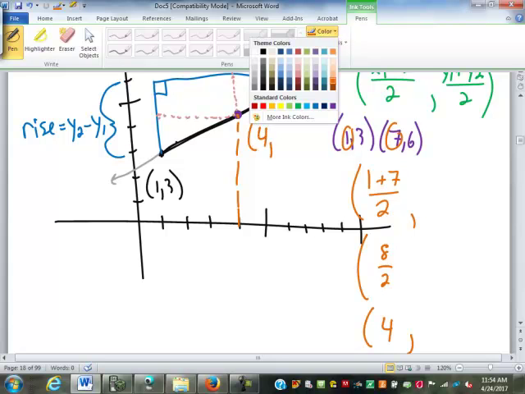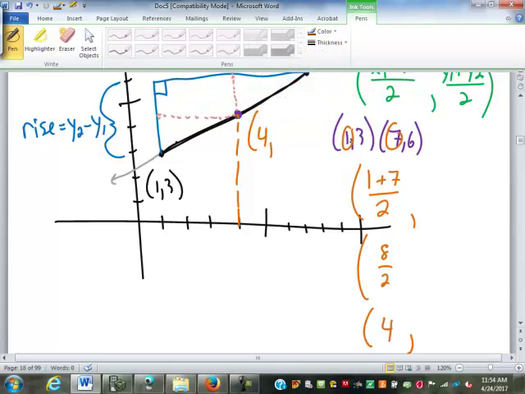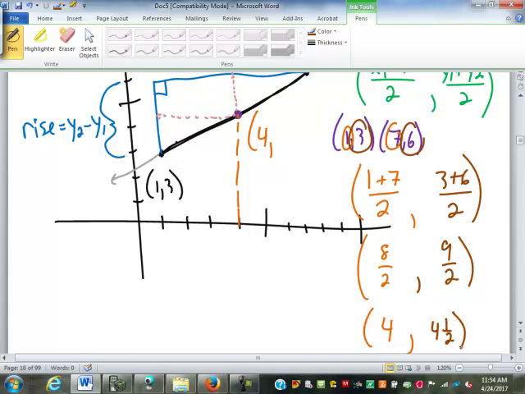For the y-coordinates, I'm going to average together the y-coordinates. So I've got 3 and 6. So 3 plus 6 divided by 2. 3 plus 6 is 9. So it's 9 divided by 2. 9 divided by 2 is 4 and 1/2, or 4.5. So the y-coordinate of that midpoint is 4.5. So that midpoint is at 4, 4.5.